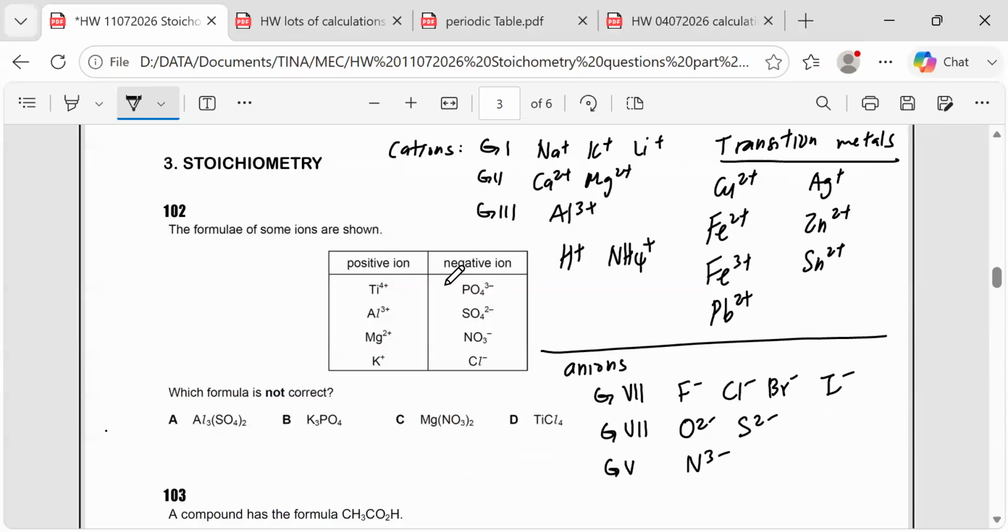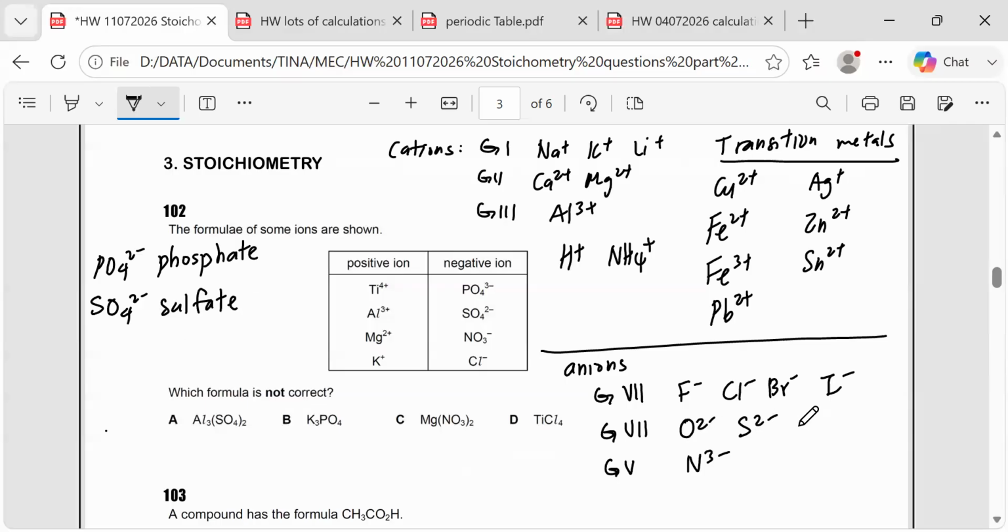What about these guys here? PO4 2 negative, is phosphate. SO4 2 negative is sulfate.